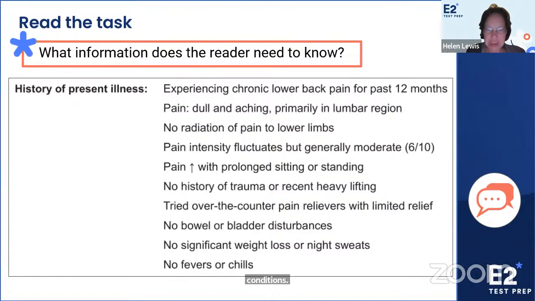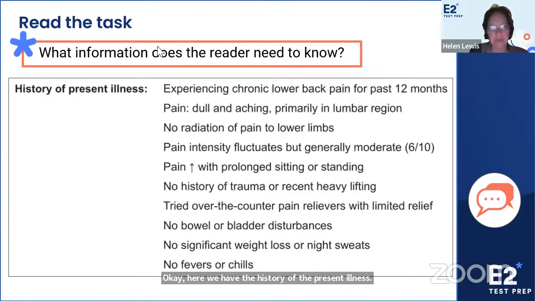Okay, here we have the history of the present illness. Take a moment to look through that information. Okay. Tell me, what does the reader need to know here?